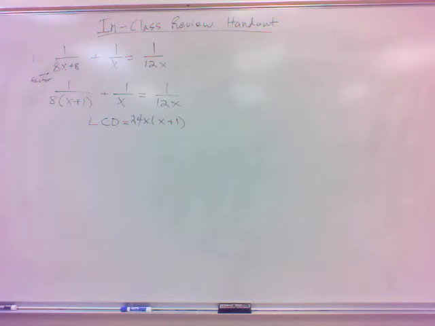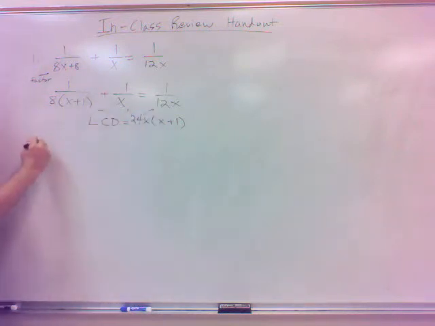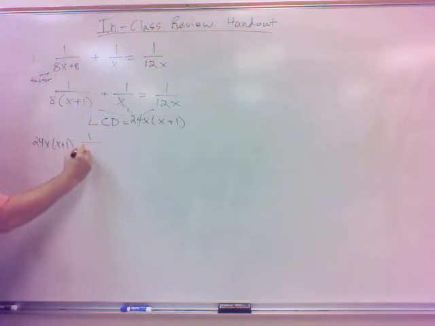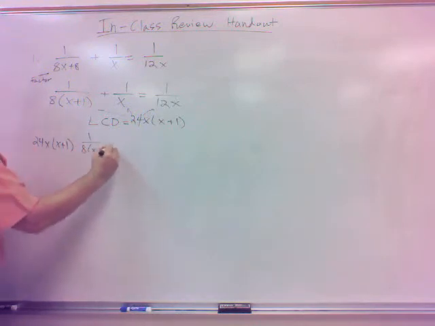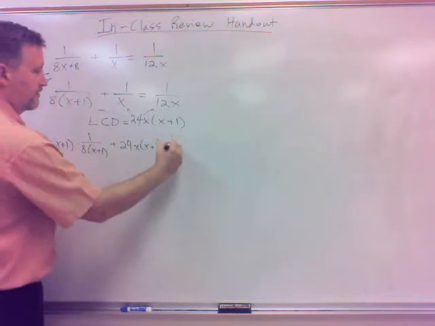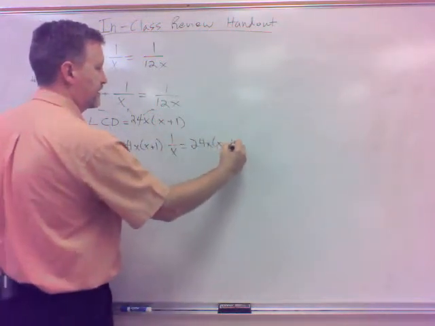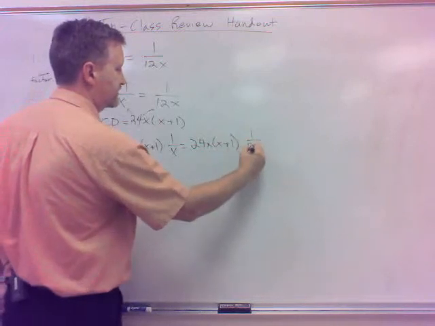Well, I multiply the LCD by all the parts. So I take 24x times x plus 1 times 1 over 8 times x plus 1, plus 24x times x plus 1 times 1 over x, and then 24x times x plus 1 times 1 over 12x.